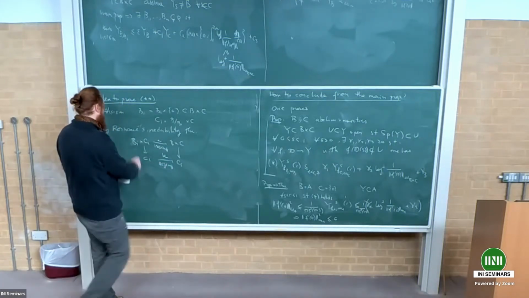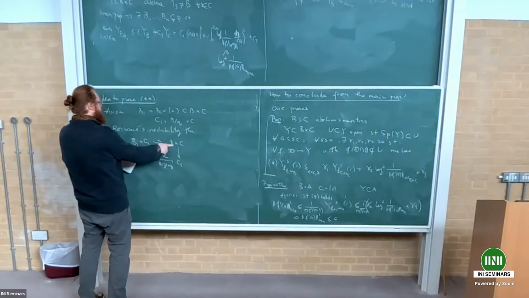But here the dimension of Bi is strictly smaller than the dimension of B.